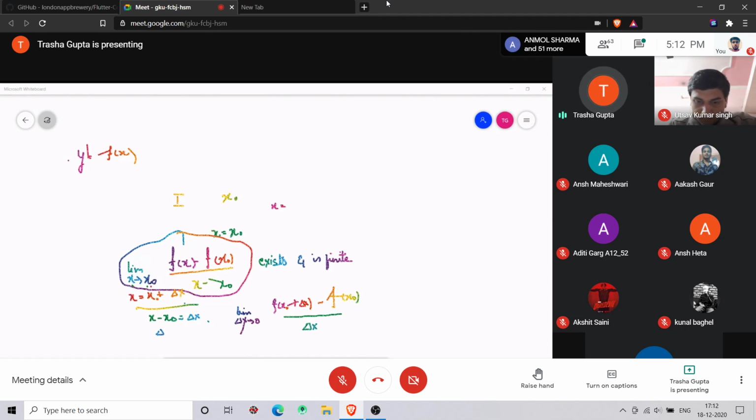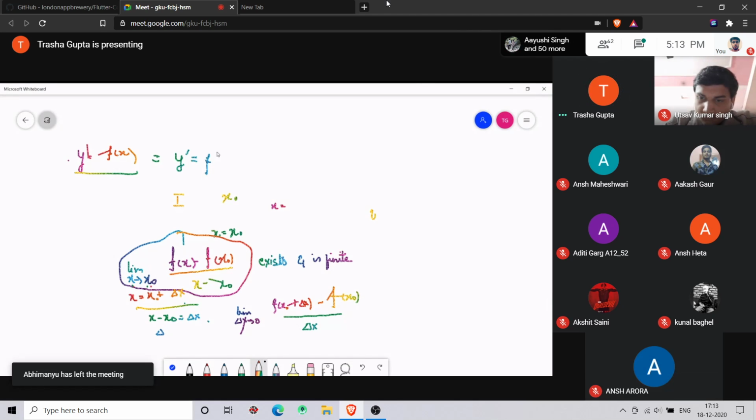The derivative of a function f(x) at x equal to x naught is denoted by, how do you denote? So you can write down that derivative of a function. If I have this function, then this can also be written as, let us be on the same page so that we know how we are denoting certain things, y dash is equal to dy by dx, or if I say that I'm differentiating this function with respect to x.